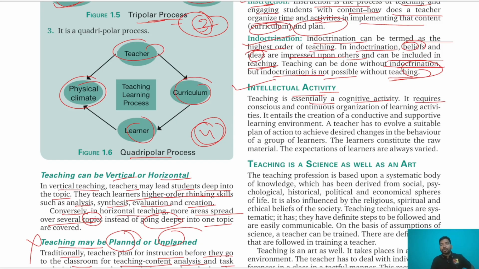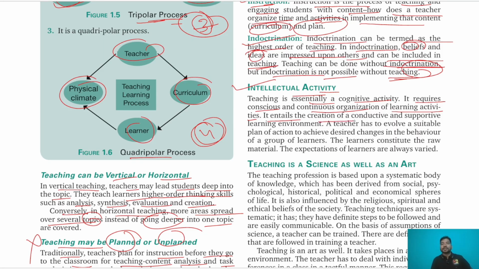And it requires conscious and continuous organization of learning activities. Conscious means knowingly. If the teacher knows every concept very clearly, then he or she can teach the student very effectively and continuously without taking any interval.